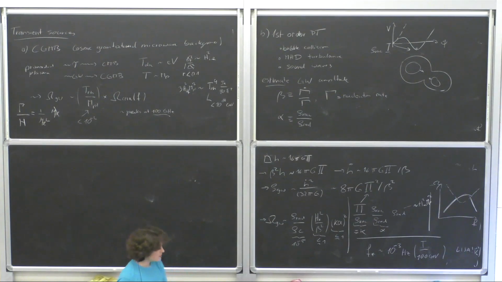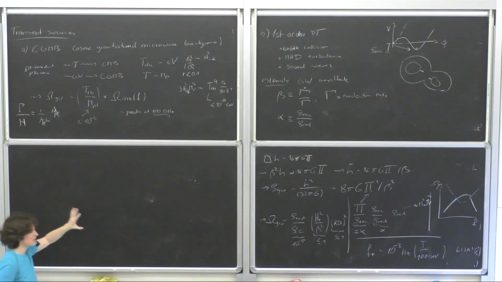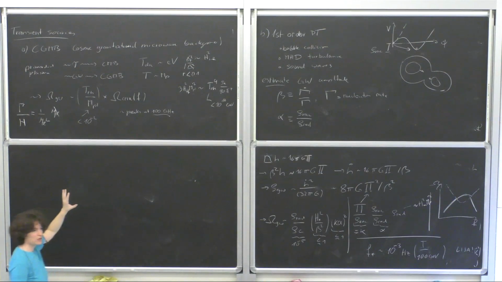Okay. So that was the two examples I wanted to give you for transient sources, right? One, the cosmic gravitational wave background, and two, the phase transitions. Notice that they are transient for different reasons. This is really something that happened at a given time, and the cosmic gravitational wave background is something where the more you cool down the universe, the fewer gravitons you'll be emitting.